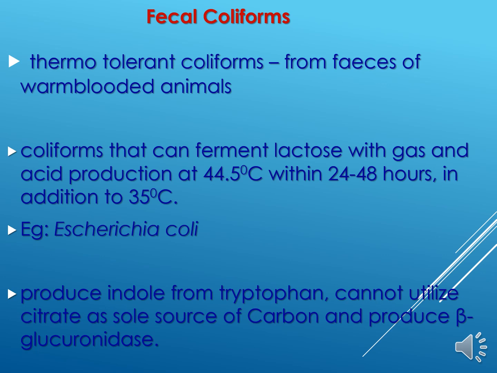So, fecal coliforms produce indole from tryptophan, cannot utilize citrate as source of carbon, and produce beta-glucuronidase. These biochemical properties become the basis of some of the water analysis tests we'll be seeing in the next class.